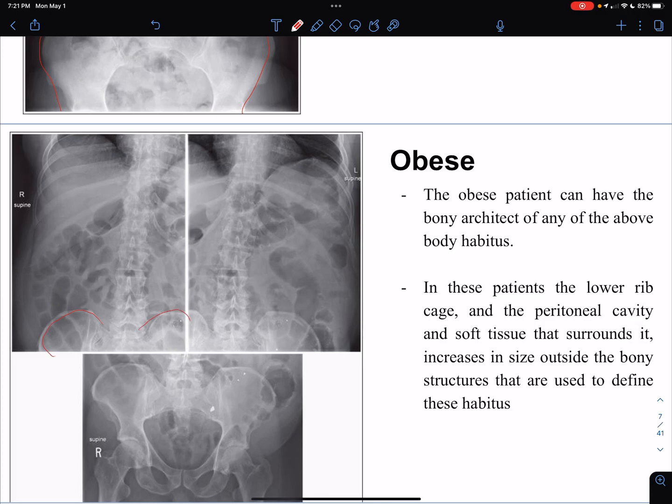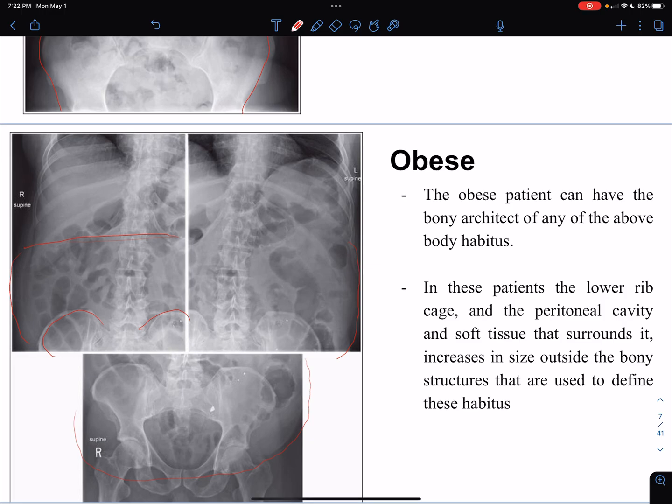Keep in mind that when you're x-raying this patient and their abdomen or their spine and pelvis, their pelvis and their bones are still the same size. Typically, these patients are skinny inside, right? And so that doesn't look any different. But here you can see how broad the base of the lower thorax is. And then their abdominal soft tissue typically extends beyond the pelvis and down, covering up the pelvis.